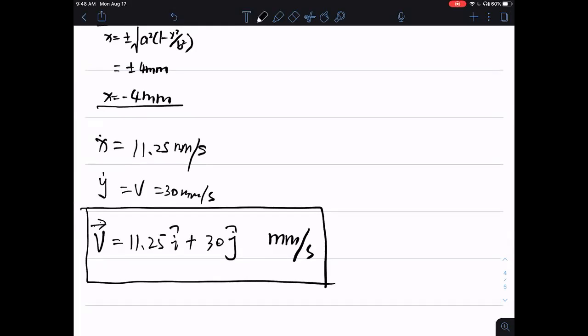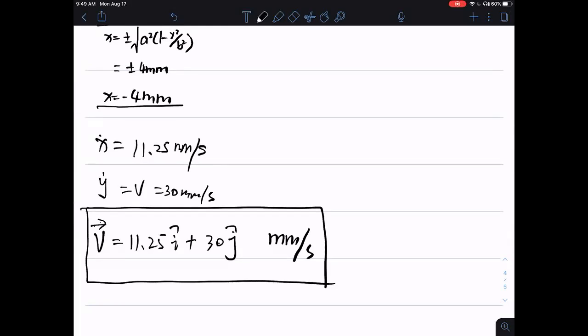Let's review what we did. We first decide which coordinate system we want to use. We picked Cartesian. Then we identify the equations for the Cartesian coordinate system. For velocity, we have v equals x dot i plus y dot j.